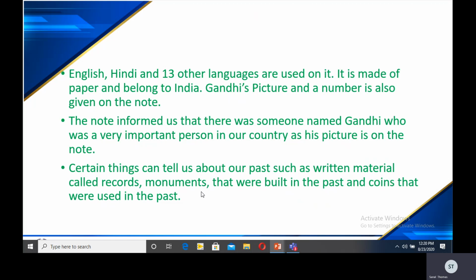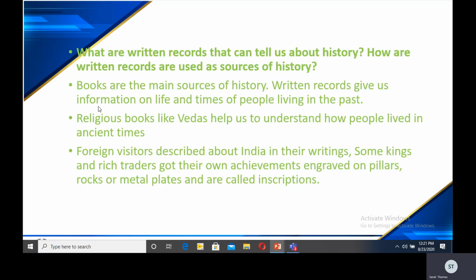And other things like monuments that were built in the past and the coins that were used in the past, all these are sources from where we can get the information. So what are these written records that can tell us about history, and how are written records used as sources of history?